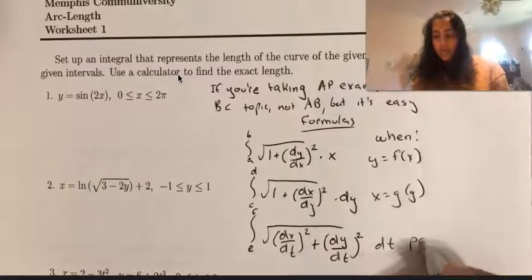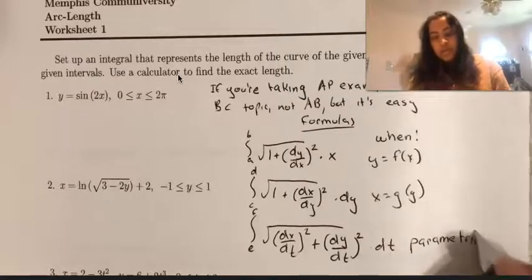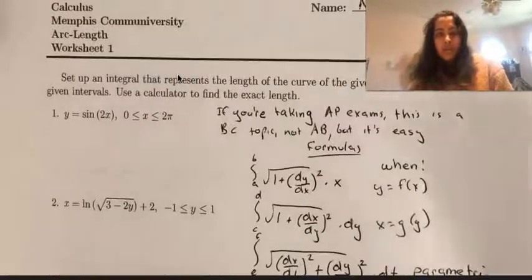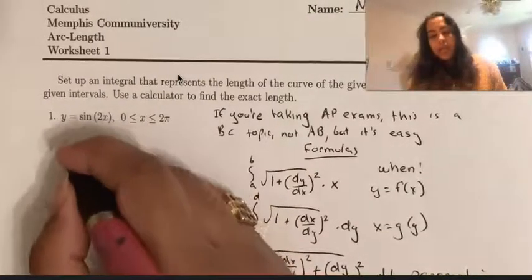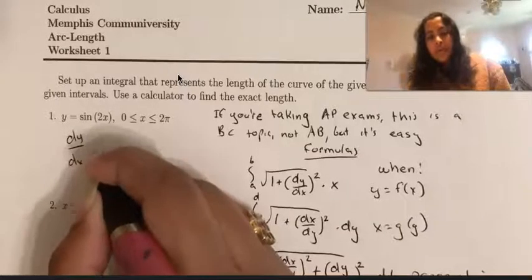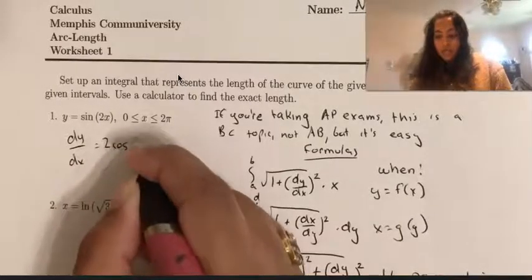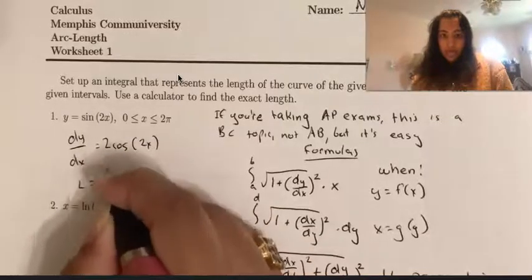So basically, you just have to take the derivative and set it up, and you're good. And for this, it says use a calculator to find that exact length, but you don't have to because I'm just going to tell you the answer anyway. But on the AP exam, when you do have to use a calculator, round it to 3 places after the decimal. So for the first one, the derivative is just chain rule, and then you just set up the formula.